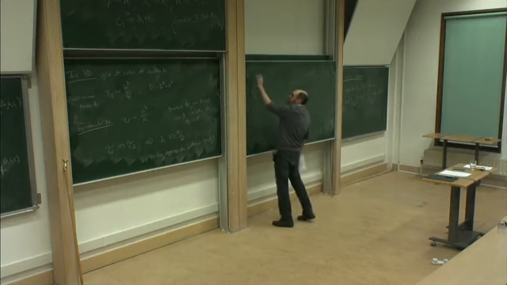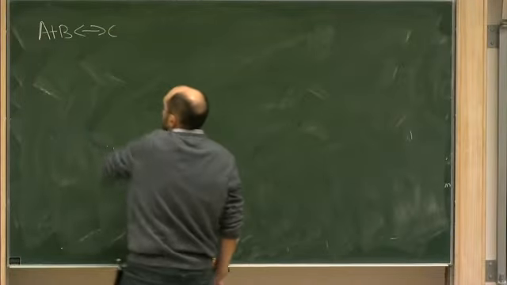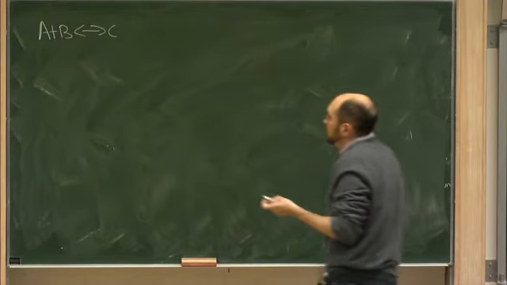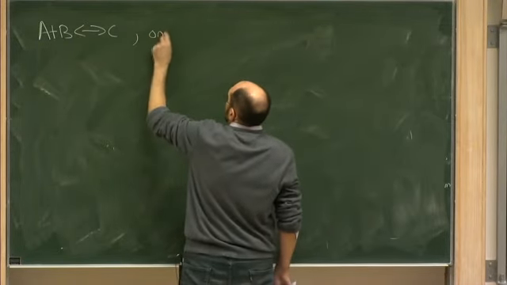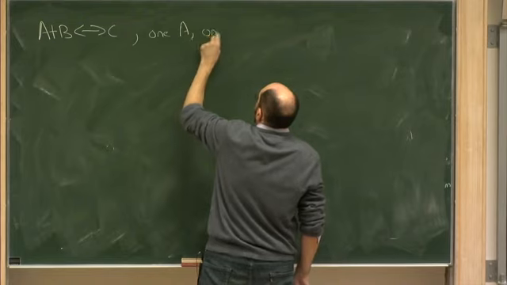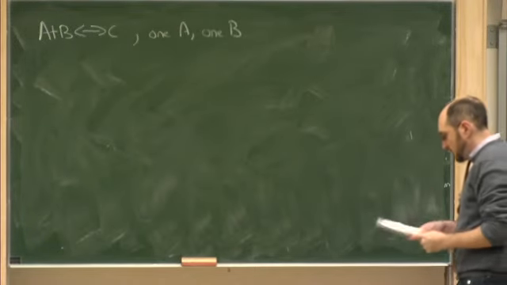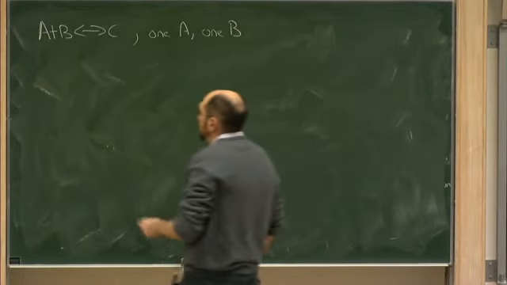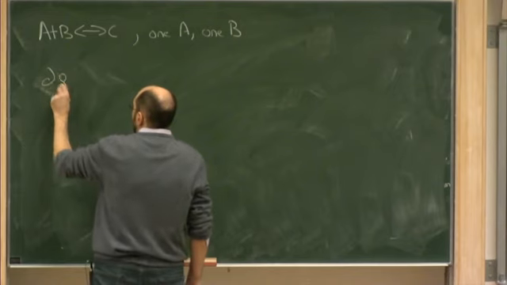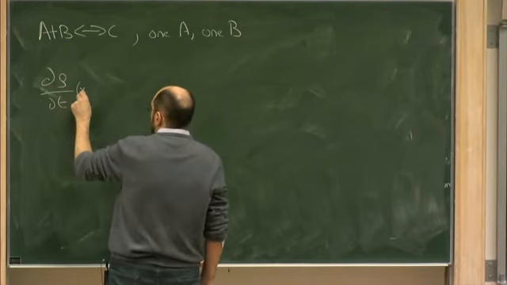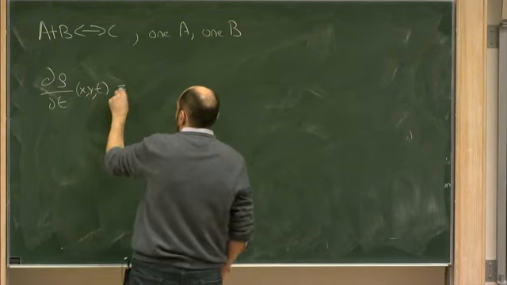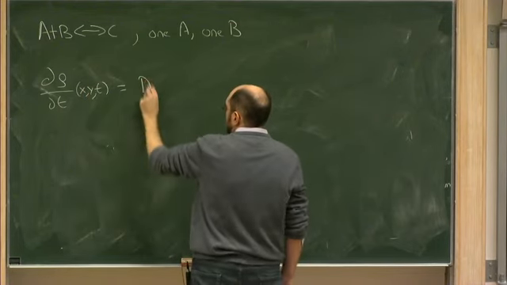I'm going to look at A plus B reversibly going to C, with just one molecule of A and B. And I'm going to write the model down because we've already talked about what the interaction functions are. So the model is going to be the following, and I'll explain it in a minute.